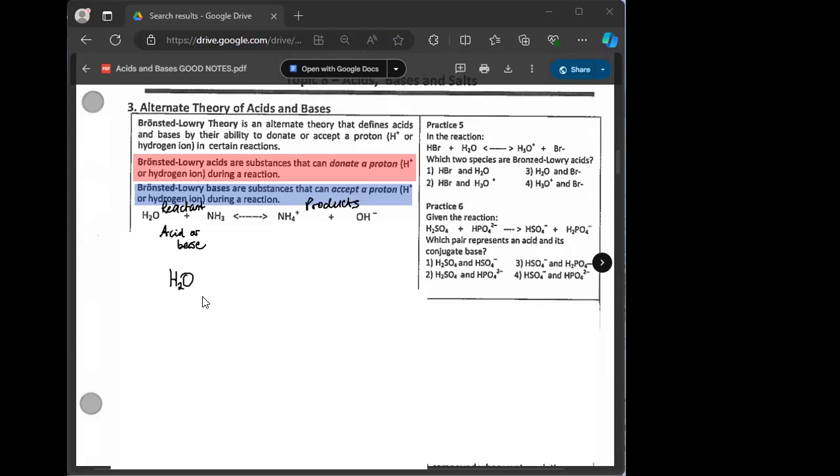And it's very, very important to keep in mind that the only thing that should be changing is the H. Yeah, the only thing that should be changing is an H. So that means if it has an O on the left, then it has to have an O on the right.